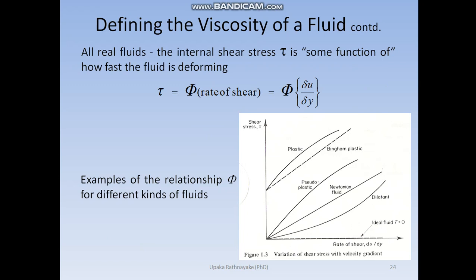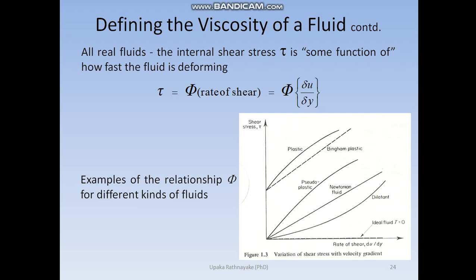Now the experiments show various types of functions. If we look at the plot of shear stress against the shear rate, we can have different types of functions, and they are called plastic, Newtonian fluids, ideal fluids, and so on.